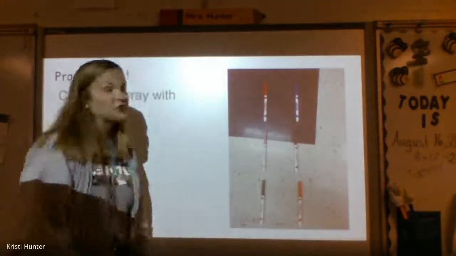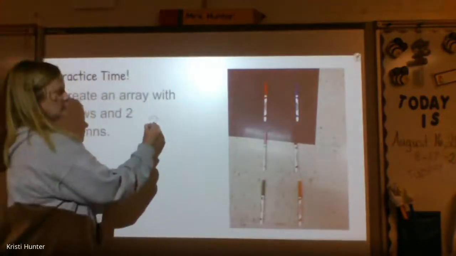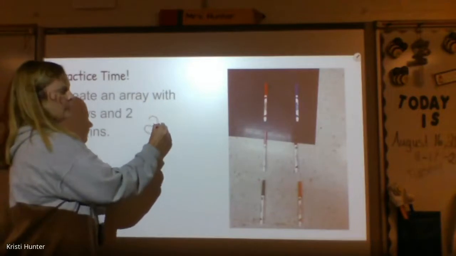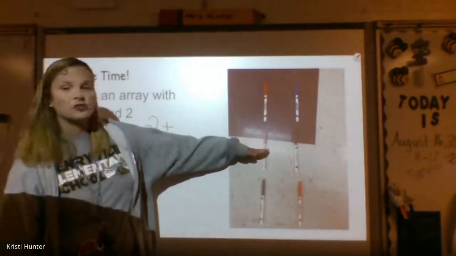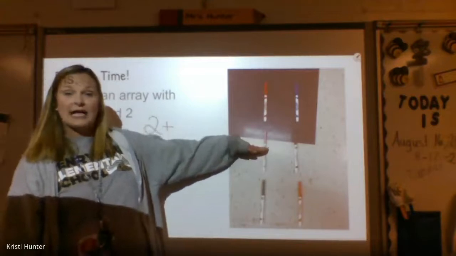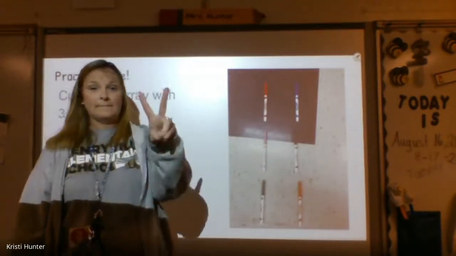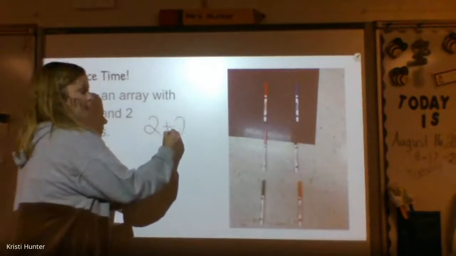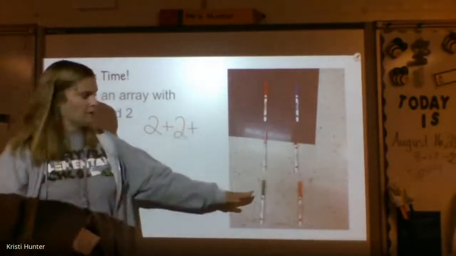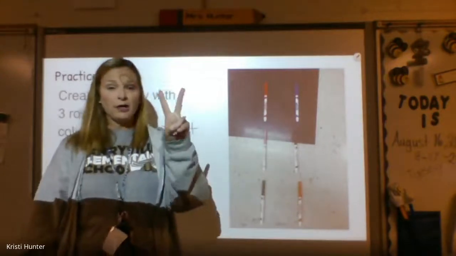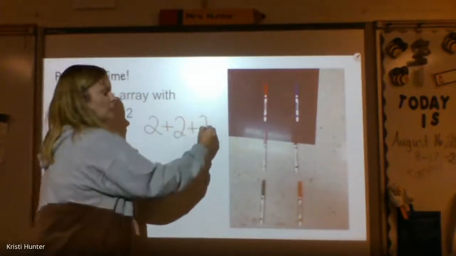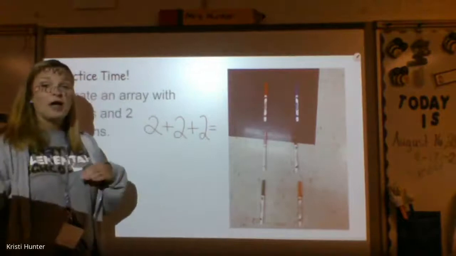Right? So my first number is going to be a 2. Plus, here goes our equation. Here's our second row. Show me with your fingers again. How many's in that second row? So we need another 2 plus our third row, which also has 2 markers in it. So here's my equation for the number of rows.